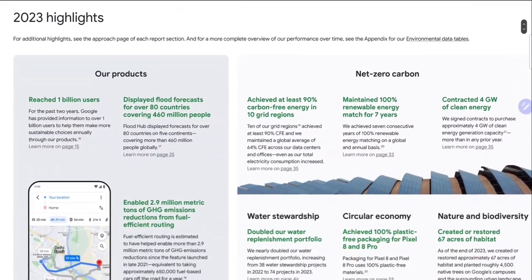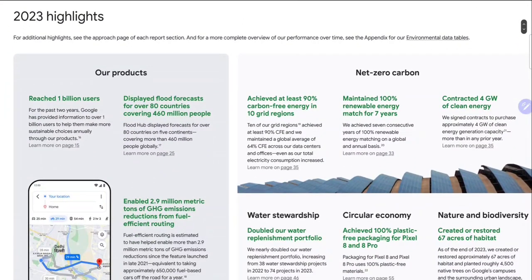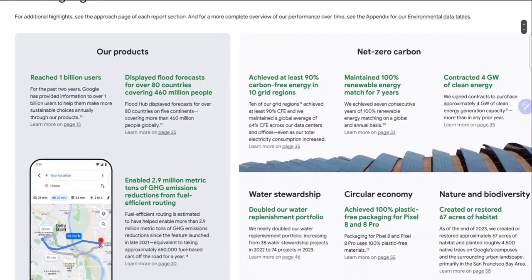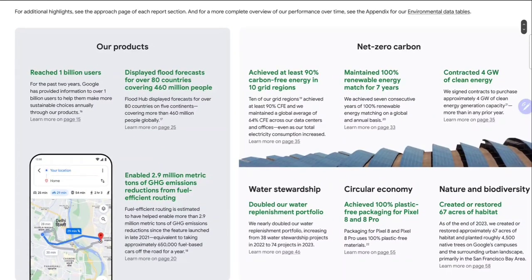Moving forward, what are the 2023 performance highlights? So this information also given here. Reached 1 billion users for the products and displayed flood forecasts over 80 countries, over 460 million people. Very important information. Enabled 2.9 million metric tons of GHG emission reductions from fuel efficient routing actually.